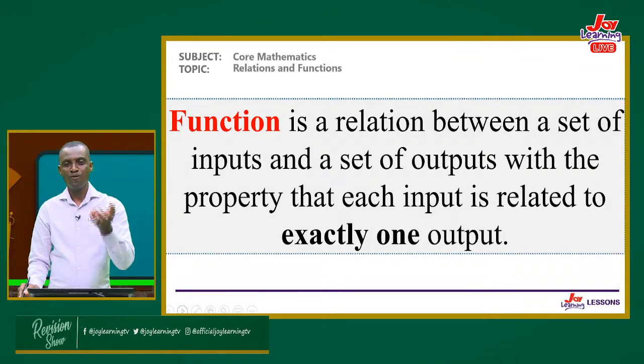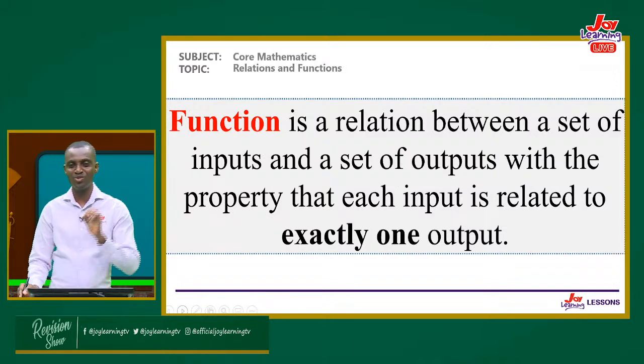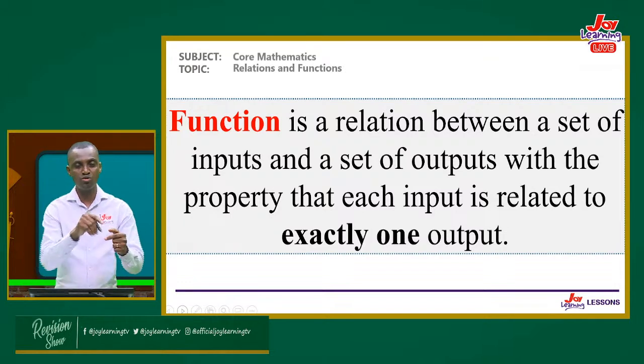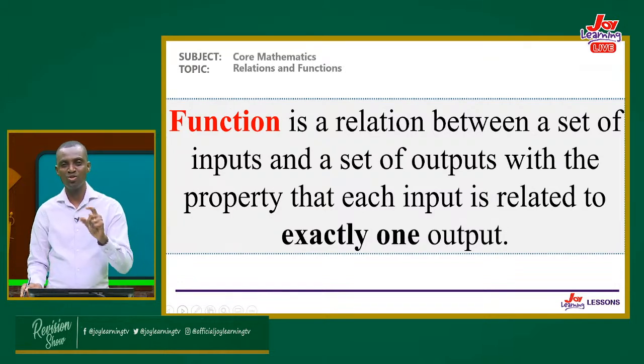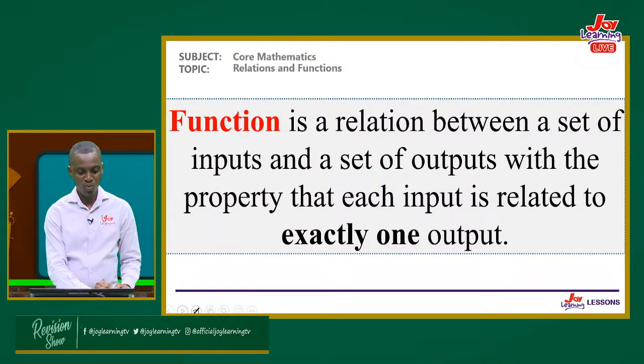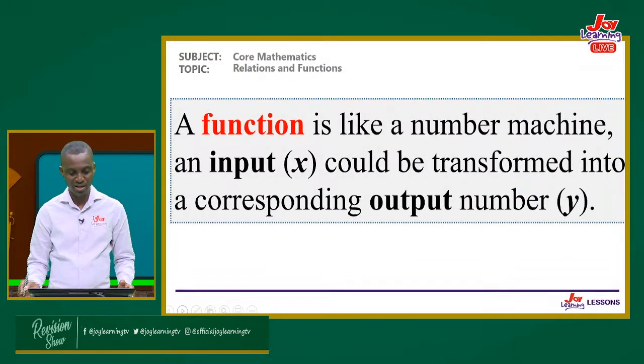It will not give you 200 Ghana cedis and 300 Ghana cedis because you entered only 500 Ghana cedis. When that happens, it is a one-to-many relation, which is not accepted by the machine, and is not accepted by a function as well. A function must have one input related to one output.